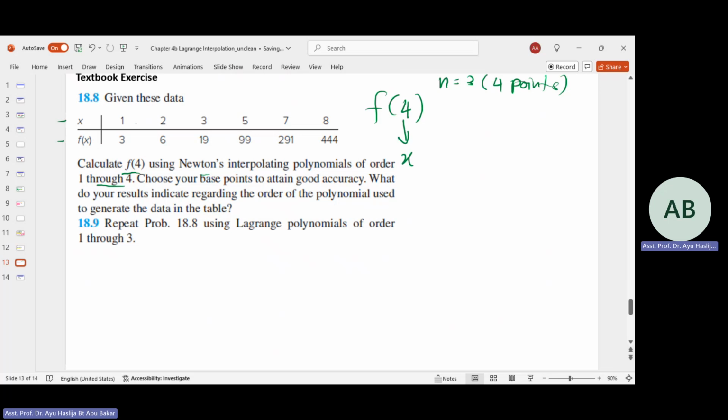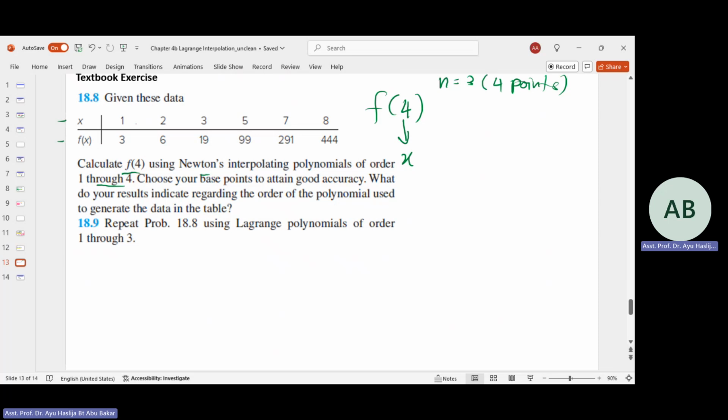Because some students cannot get the concept. Not all the time will the question straight away give you x equals to what. Sometimes it just gives something like F4, or find Newton using cubic equation.